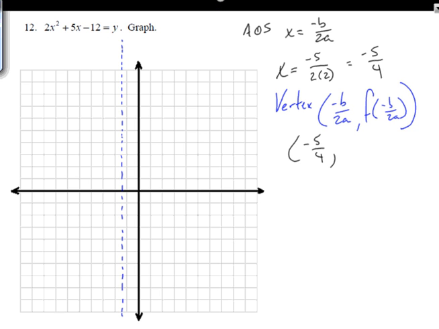And after I go through and substitute, I find that it is negative 121 over 8. So I go to the left, negative 5/4. Then I'm going to go down 15 and 1/8. So that would be down here somewhere. Let's say this is our 15 and 1/8.